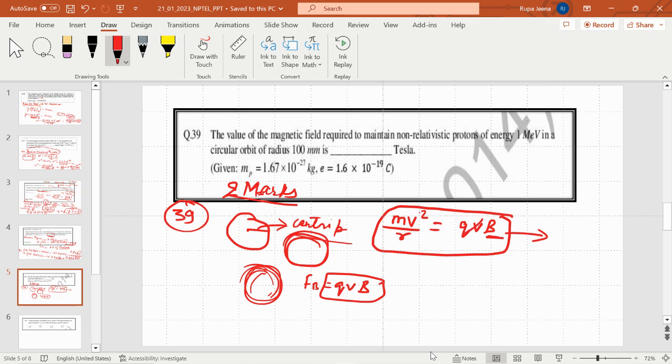So we will cancel v, B is equal to mv by qr.